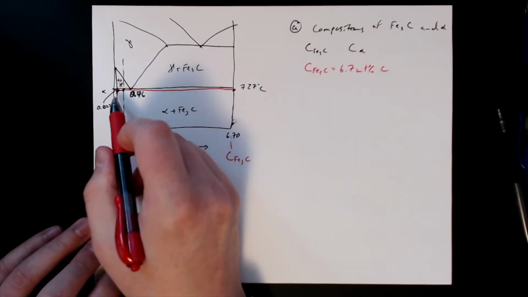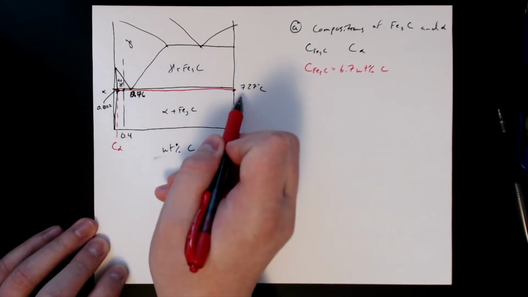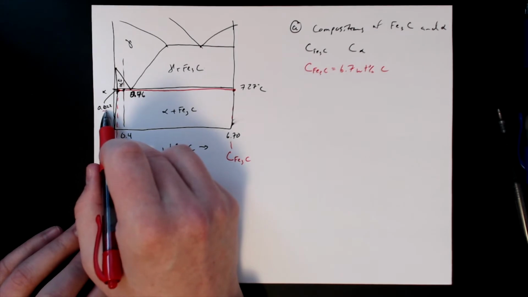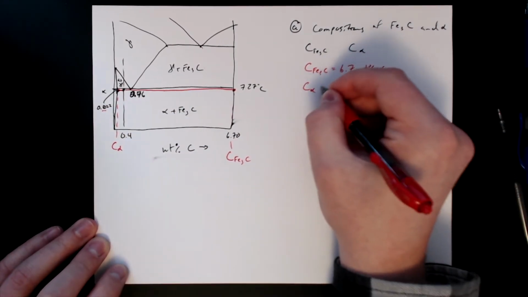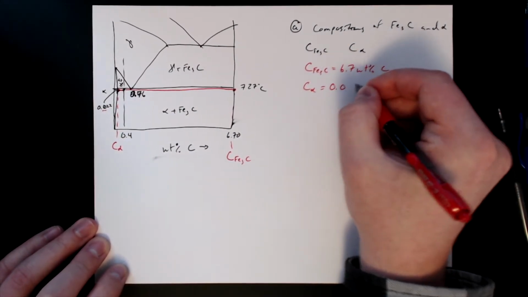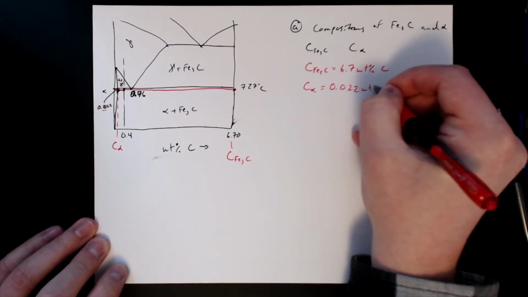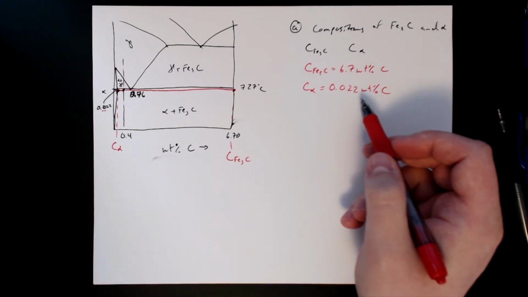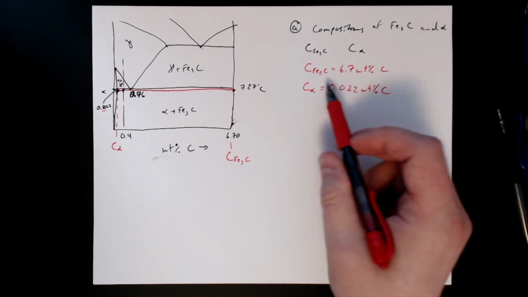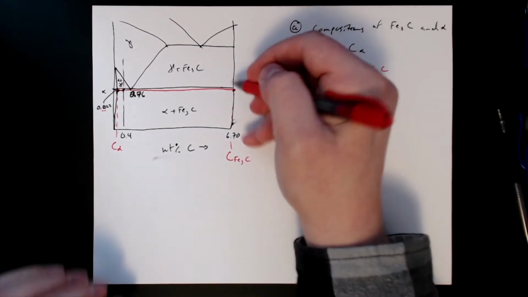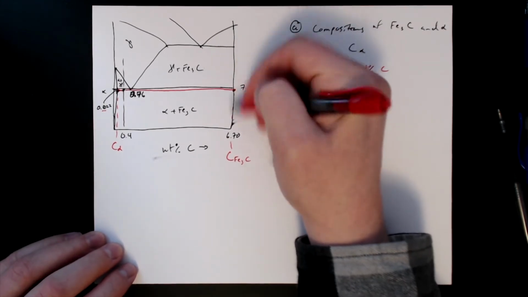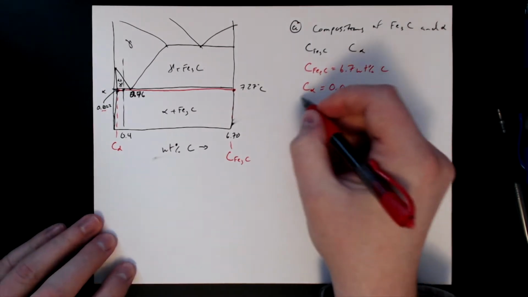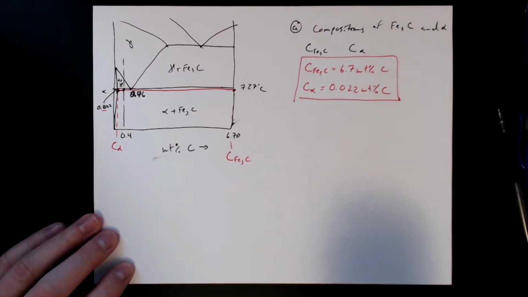And then alpha, which is over here, since we're just below 727, is our maximum solubility of carbon, which is 0.022. So C alpha is 0.022 weight percent carbon. It's very close to pure iron, but has a small amount of carbon. And Fe3C has a fixed composition, which is this line of 6.7. All right, so that is part A.